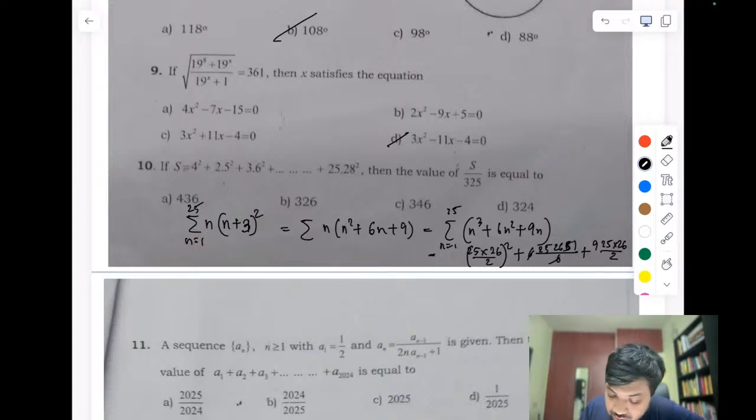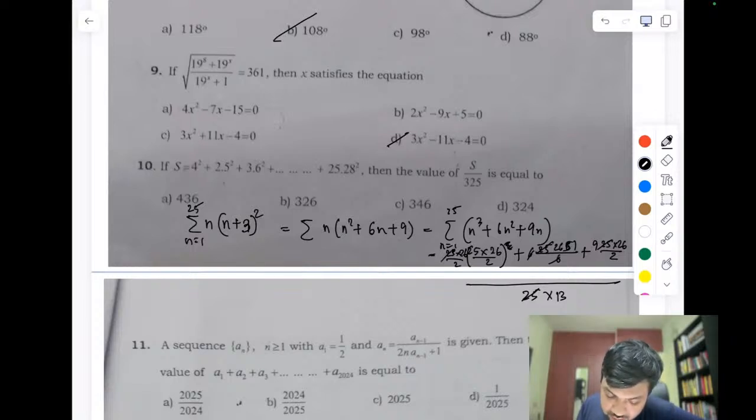Now 325 is 25 into 13. So divide this entire thing by 25 into 13. That's the answer. You can cut off 25 in many places, and here another 25 into 26 by 2, and we'll cut off 25.